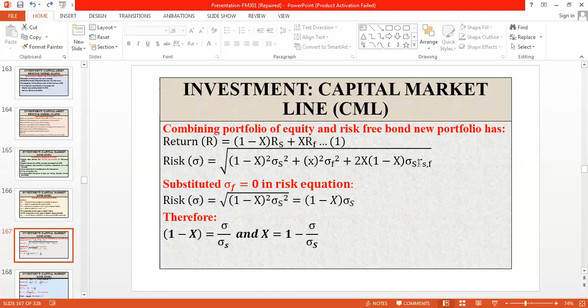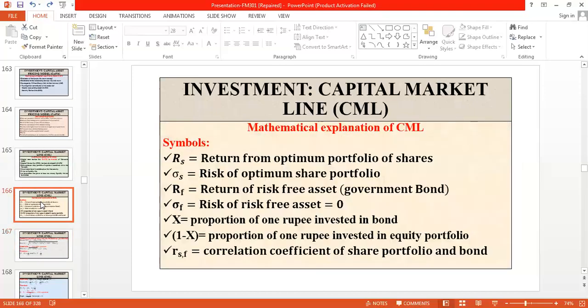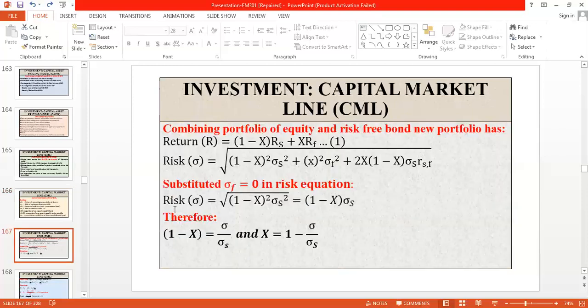So that we have already indicated. There is some typing error in the symbol. Already we have given you the symbol, which is RSF, so this one will be RSF. This part you have to avoid.